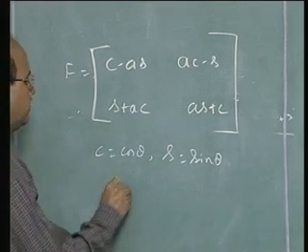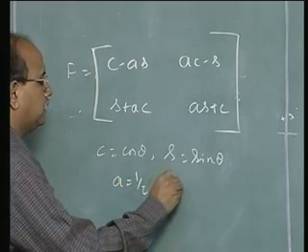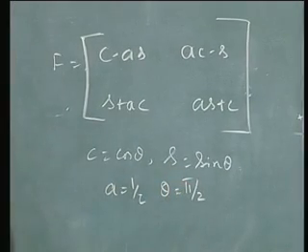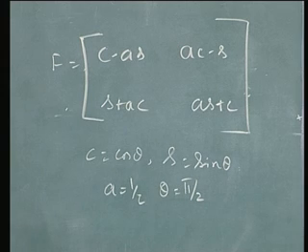Take for this problem A equal to half and theta equal to pi by 2.